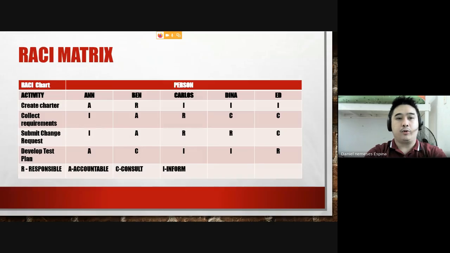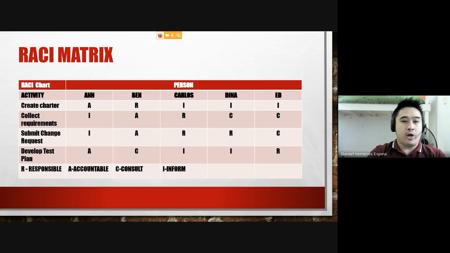So here is a sample responsibility assignment matrix, or we call it the RASI matrix. R stands for responsible, A accountable, C consult, I inform. Again, when we say responsible, these are the persons who are required to do the said activity or work package.